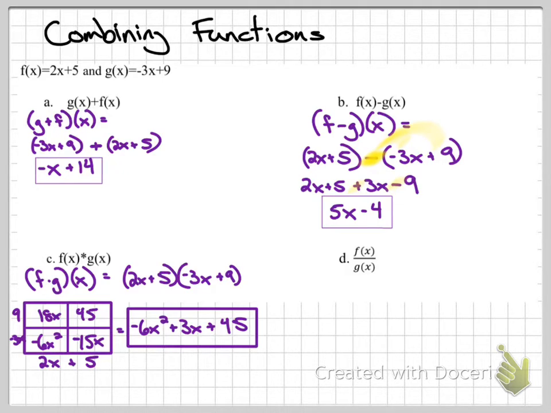Finally, division, f of x over g of x. Other notation could have been f over g and then the of x afterwards, means the same thing. Literally tells you put f of x, 2x plus 5, in a fraction over g of x, negative 3x plus 9.